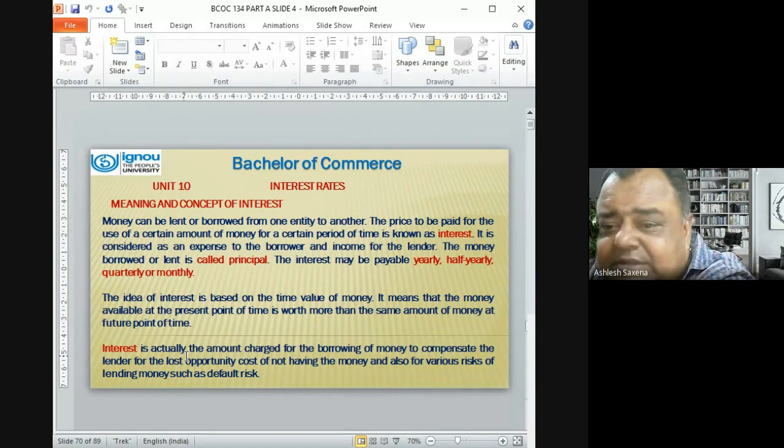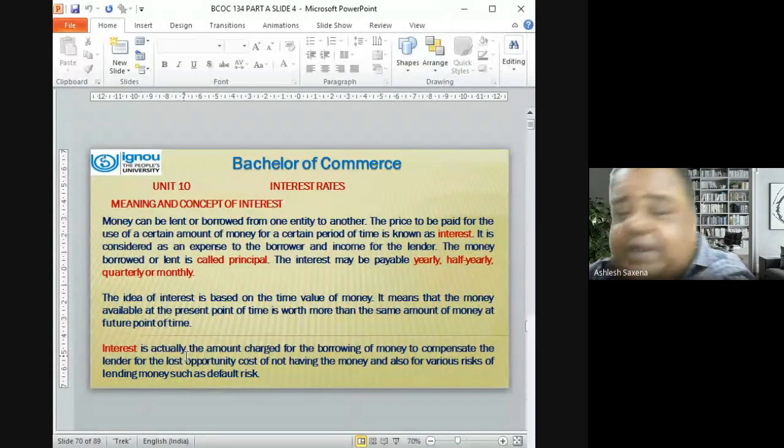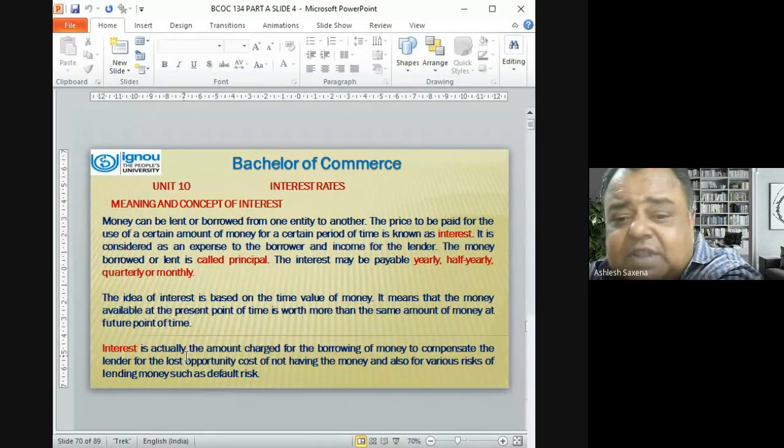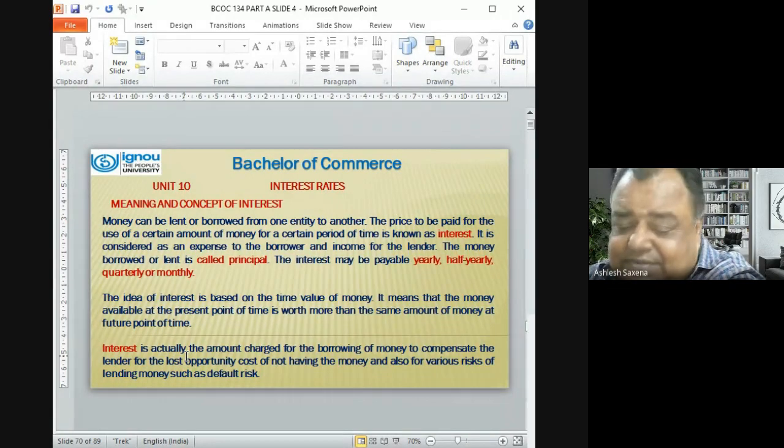It means that money available at present is worth more than the same amount of money at a future point of time. Keep that in mind. Interest is the amount charged for borrowing money to compensate the lender for the lost opportunity cost of not having the money, and also for various risks of lending money such as default risk.